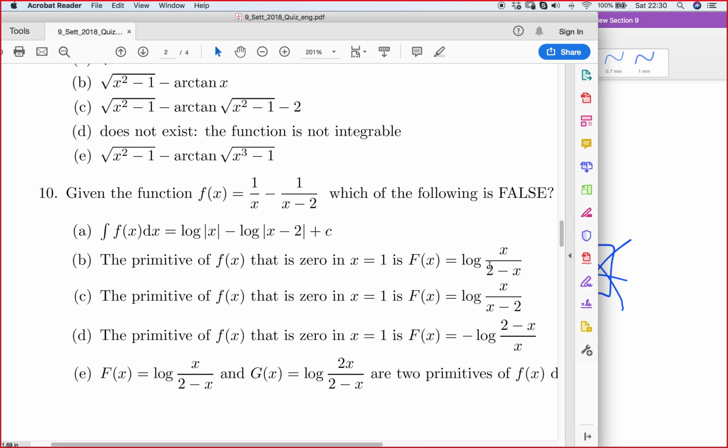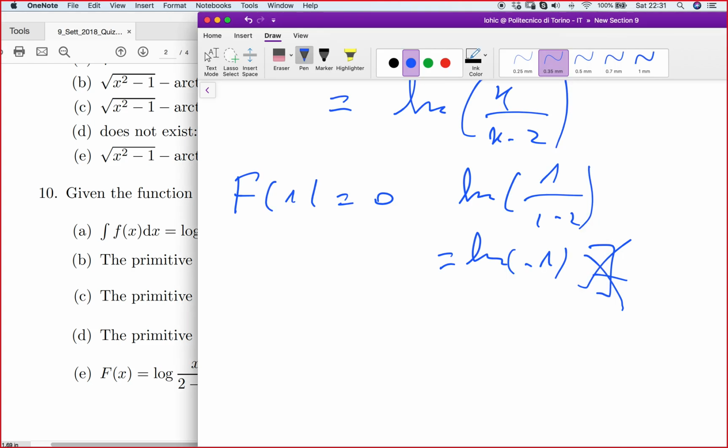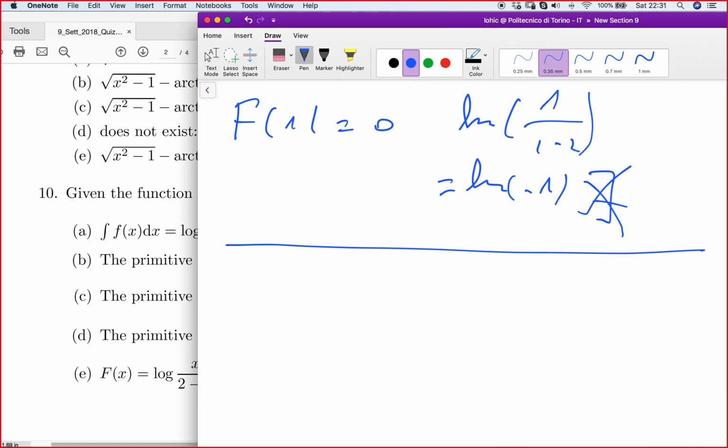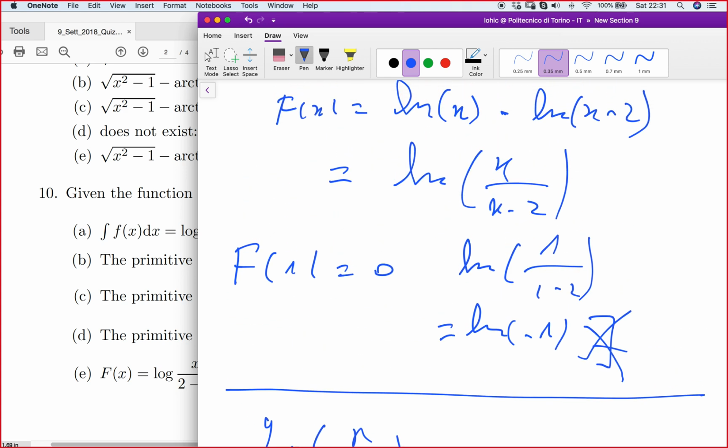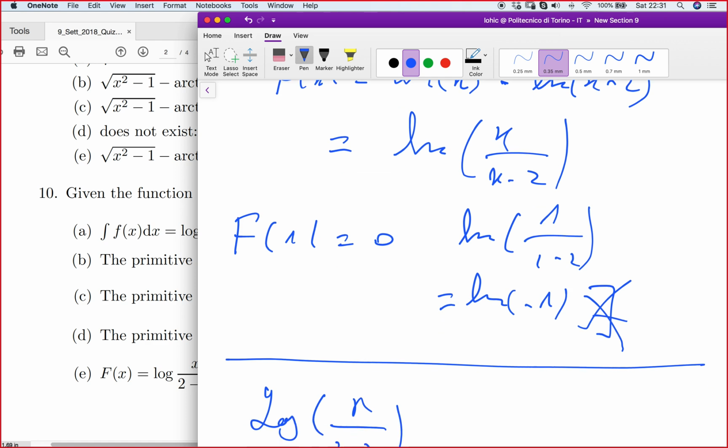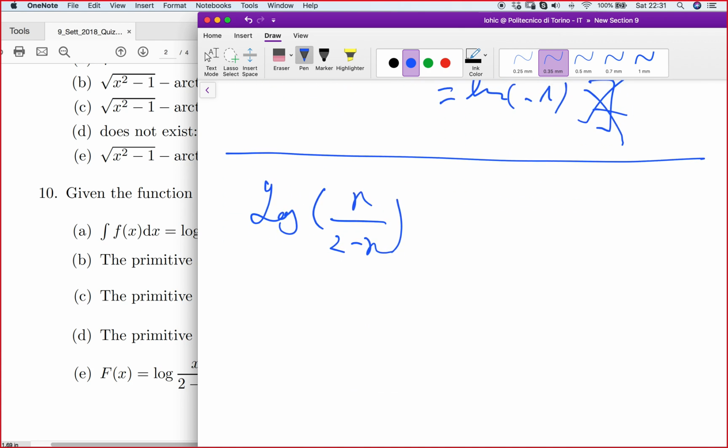Let me check it. So we are asking ourselves if the function log of x over 2 minus x is a primitive, because we are expecting the primitive to be in the form log of x over x minus 2, right? But why is this function a primitive?